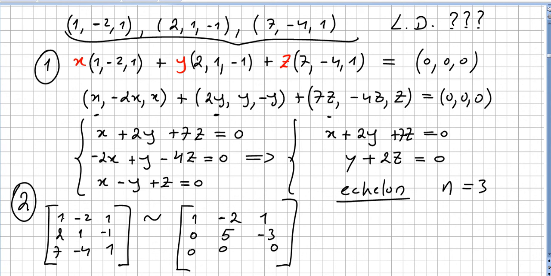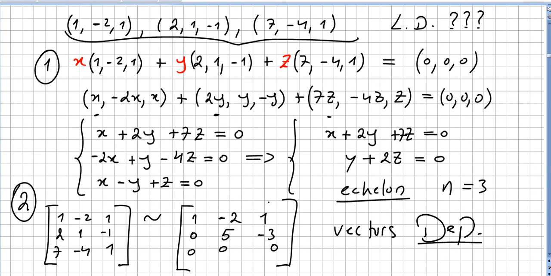And then minus 2 here you get 0, minus 2 you get 4. Yes, okay. And here it is very simple, since in the echelon form you have a 0 row, right? So that means that the vectors are dependent.